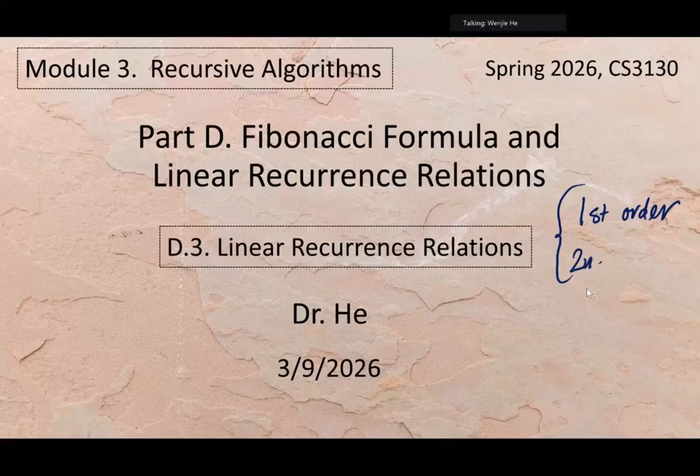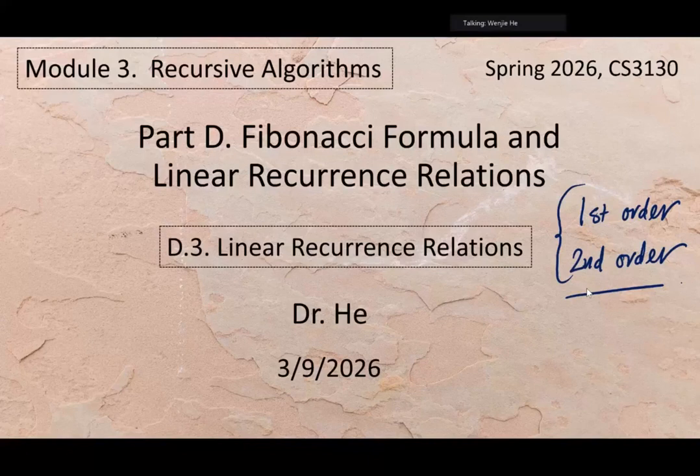Second order. Today we at least complete the first order part. If we have some time, definitely we cannot complete the second part, but we can do preparation for the second part. So let's look at the first order case.